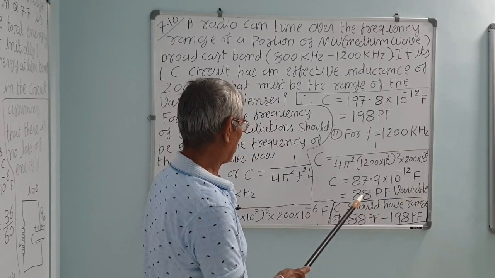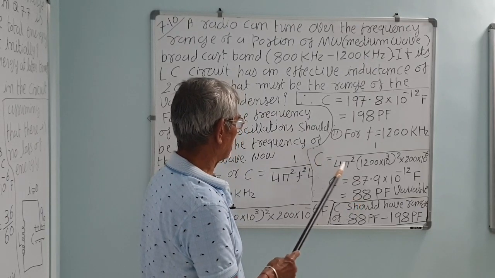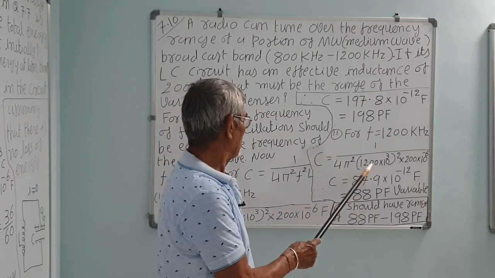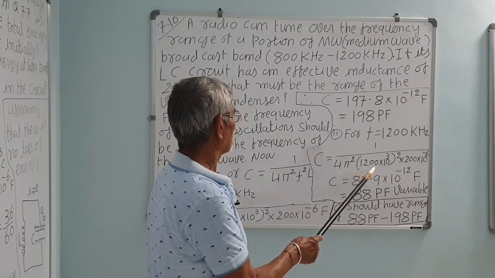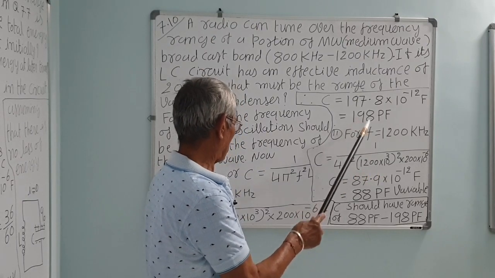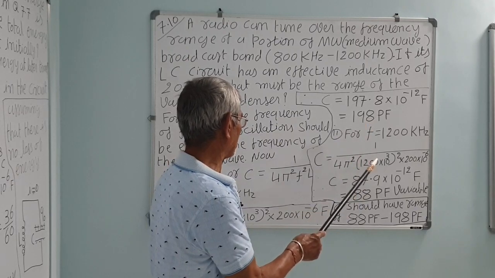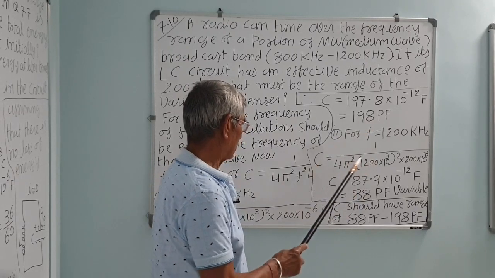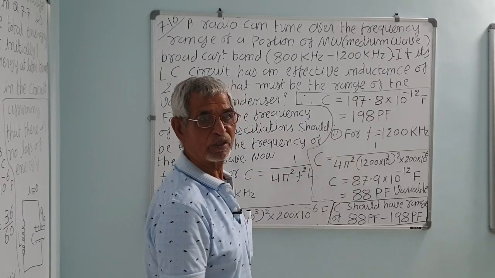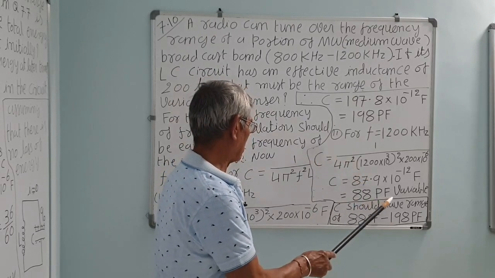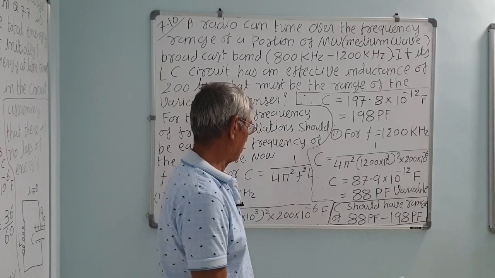You can see that capacitance C is inversely proportional to the square of the frequency. This frequency is 1.5 times the other, so this is more by the square of the ratio. As frequency is more, the capacitance required will be less.